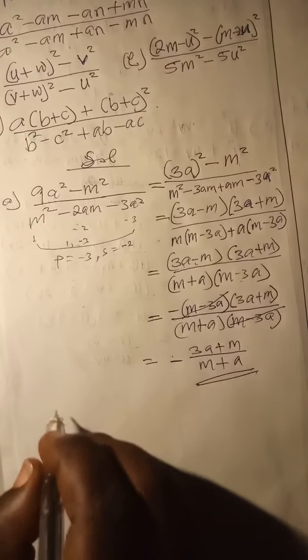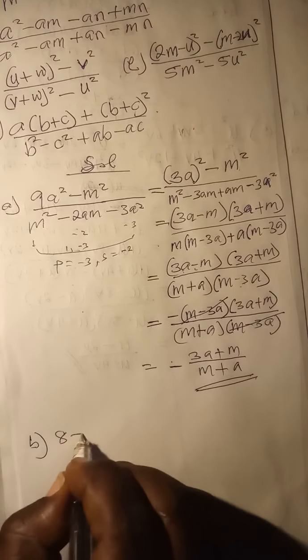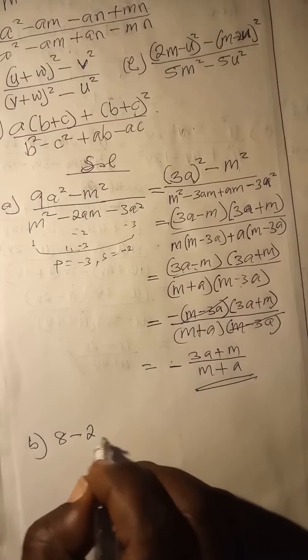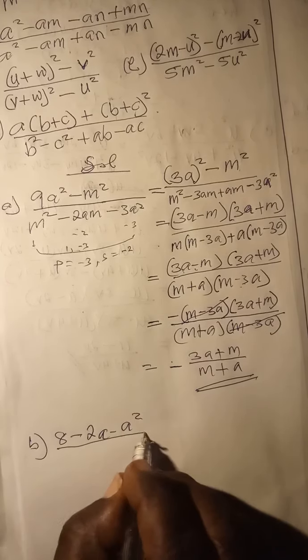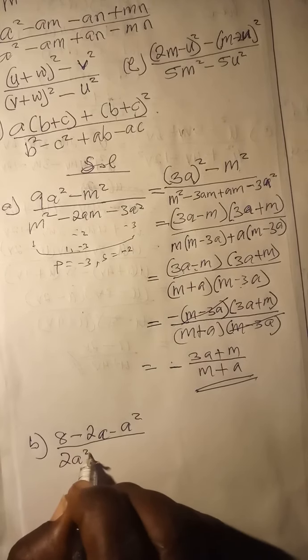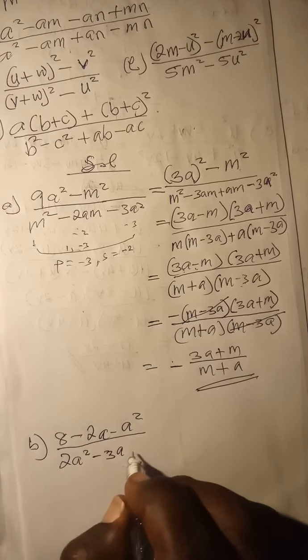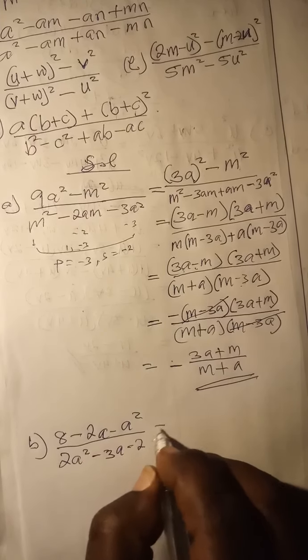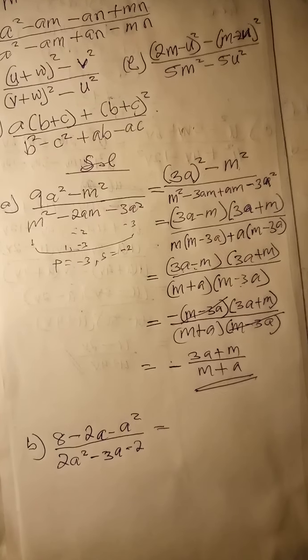The next one quickly. We have B. In B, we have 8 minus 2a minus a squared, everything divided by 2a squared minus 3a minus 2. Now the numerator is a quadratic expression. What I have to do is to deal with the coefficients again.